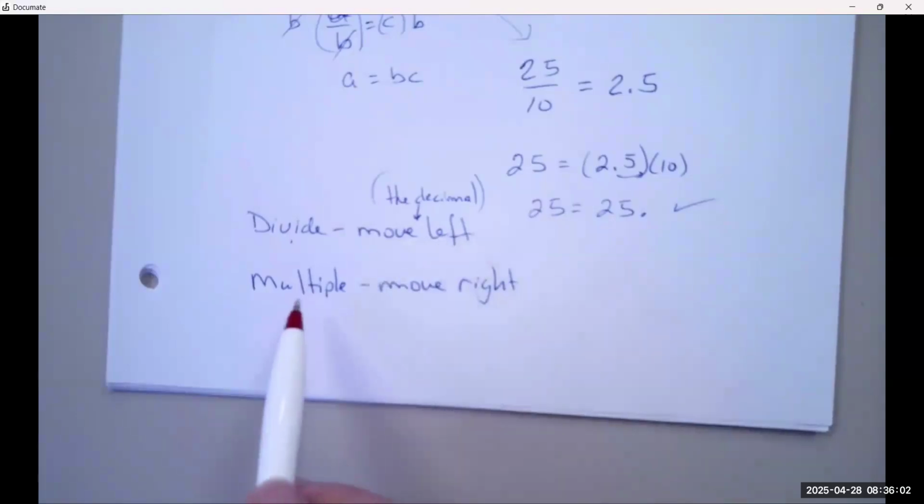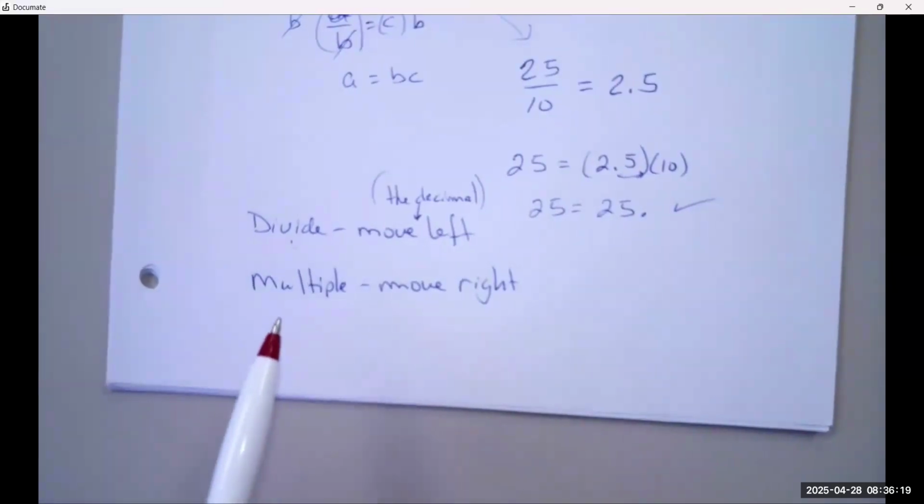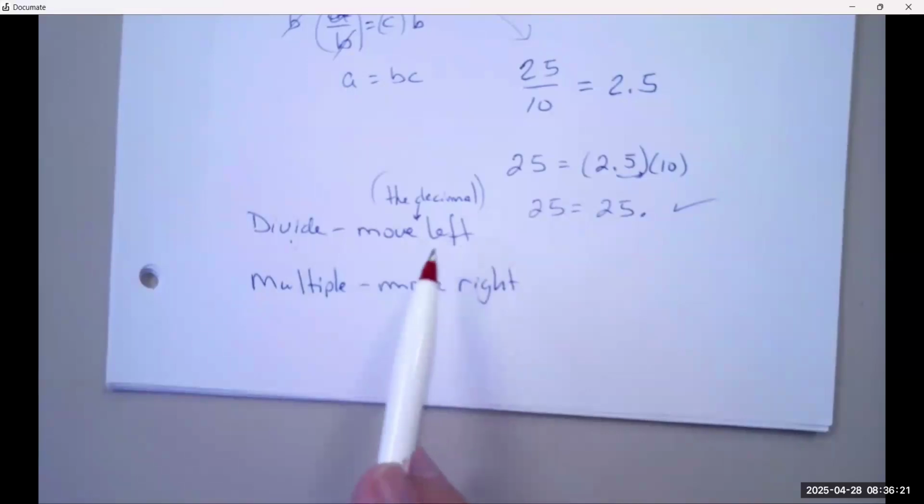Why, when you multiply, you move it to the right? Taking away a tens place. You're making it smaller. When you divide, you make things smaller. So what happens? The decimal moves further to the left. When you multiply, it makes it bigger, so it moves it to the right.